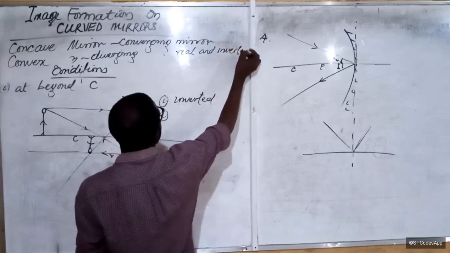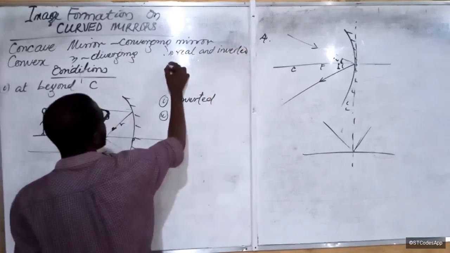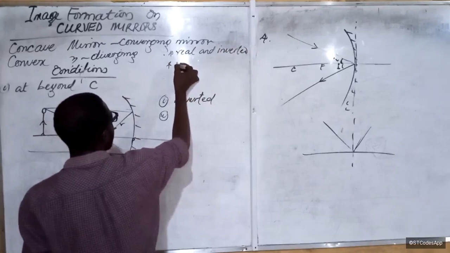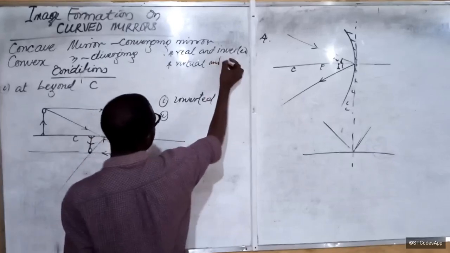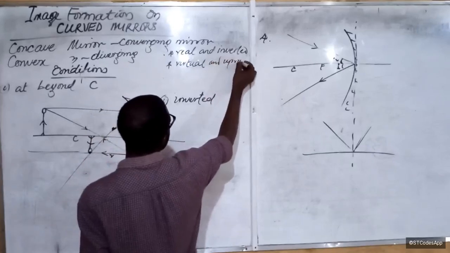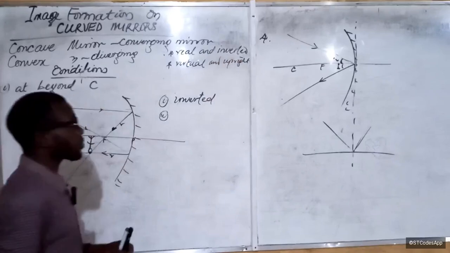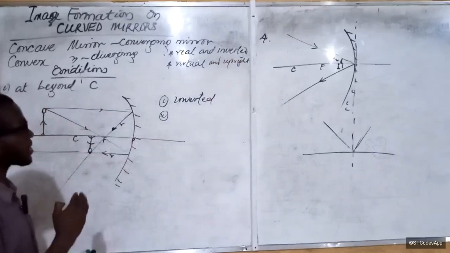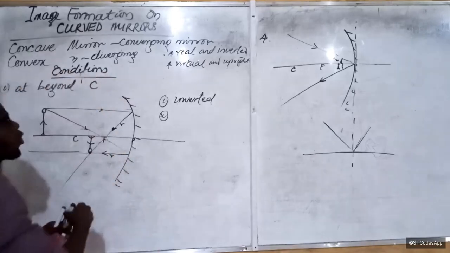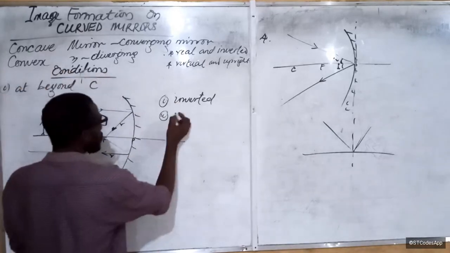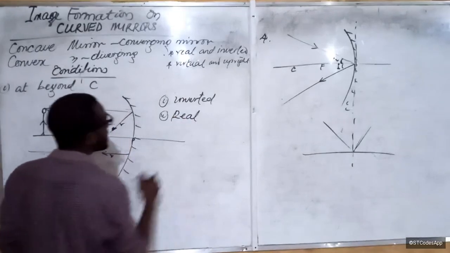So we have real and inverted image, and then we have upright and virtual. If your image is virtual, it's almost always upright. Do you understand? So we have real and inverted image, and virtual and upright image. Those two rules work together. So once you see that your image is inverted, know that it is a real image.